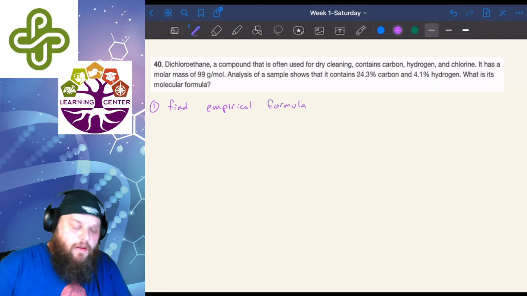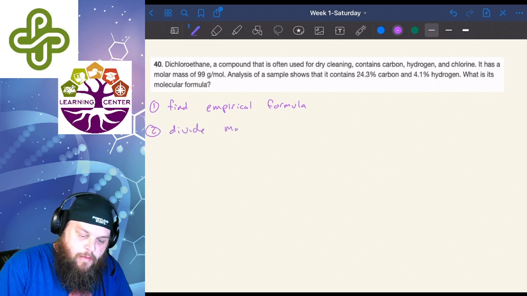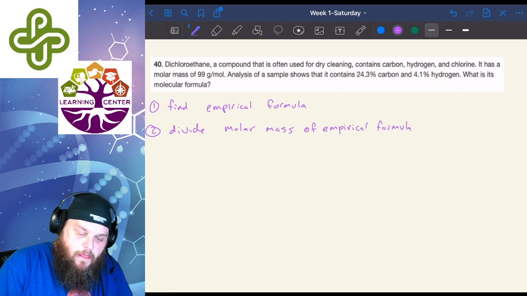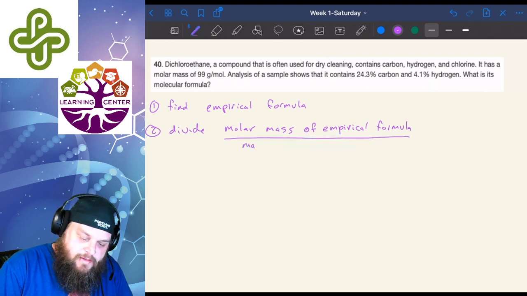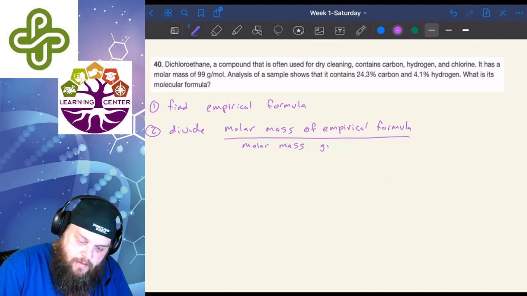Part 2, we want to divide the molar mass of the empirical formula by the molar mass given.